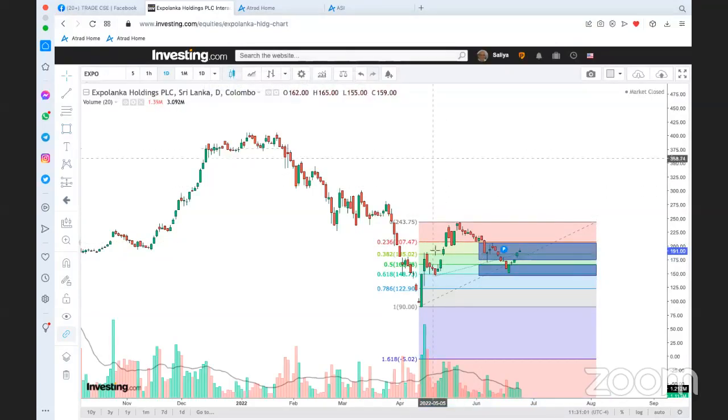That is this level, right? That's a 204.75, which is incidentally the high or the right shoulder point. So I'm going to use that.